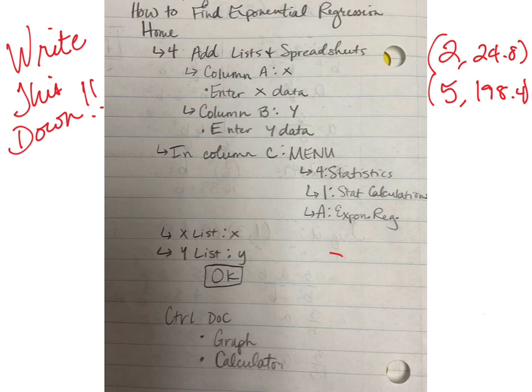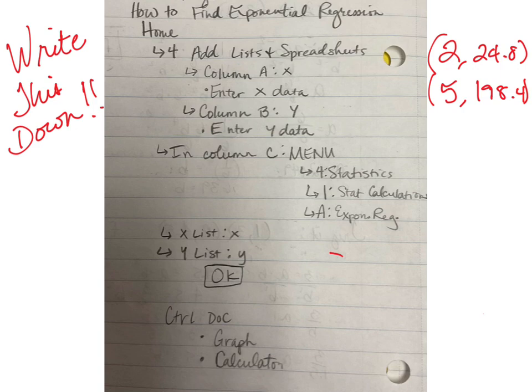Now, you've got both data points in there. Slide over, still in row 1, go to column C. And in that box, you're going to push menu 4, 1, A. Y'all with me?